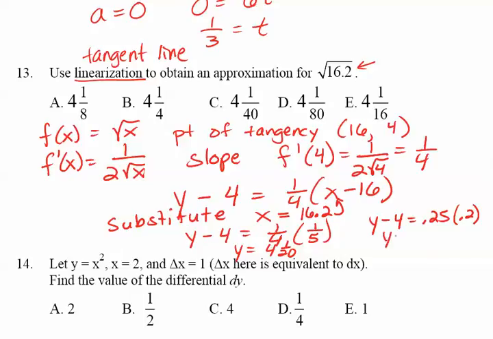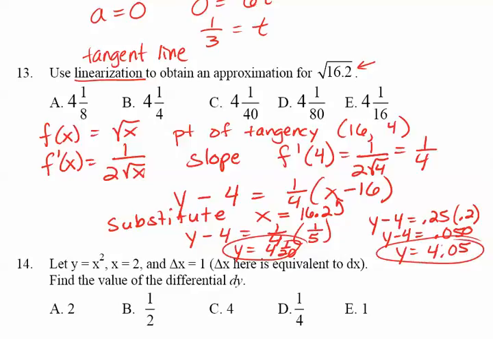You would have to be careful to count your decimal places. So we would come up with, as a decimal, 4.05, which of course is the same as 4 and 1/20th.